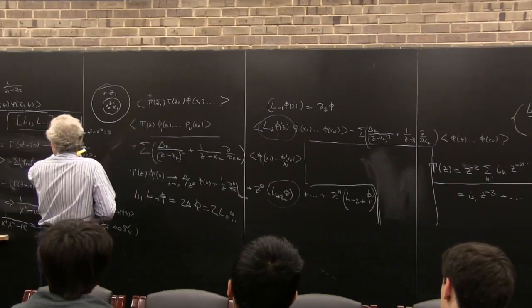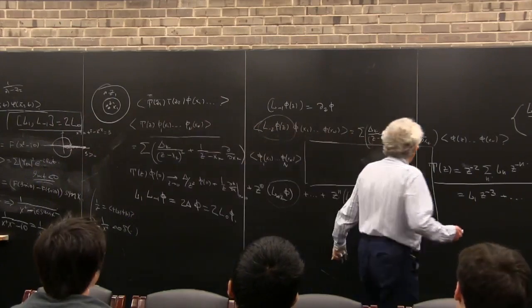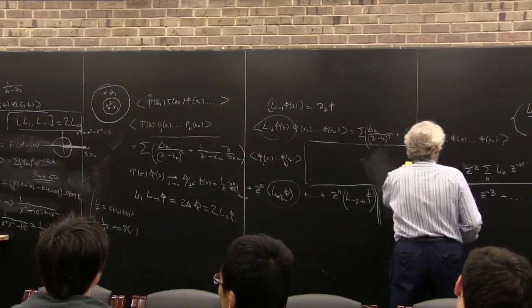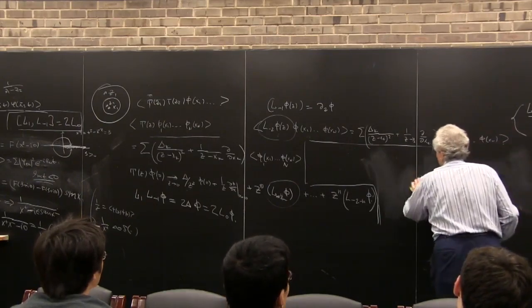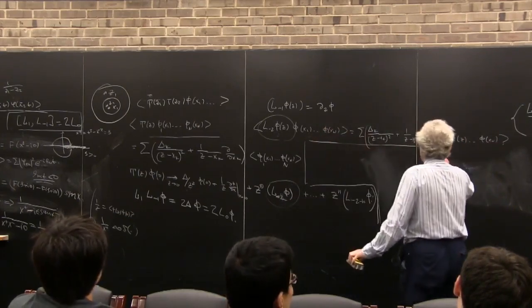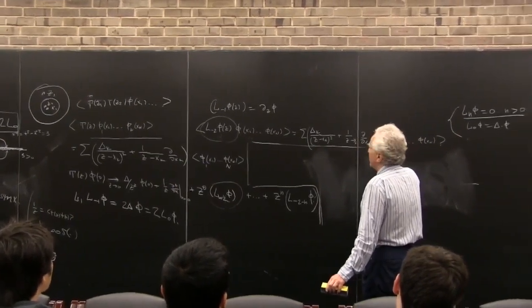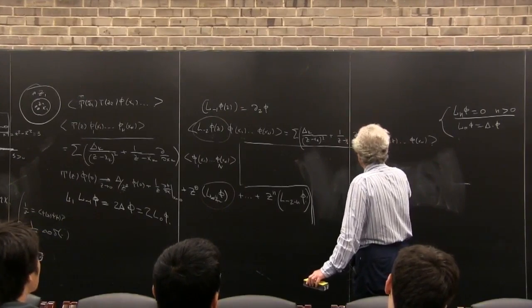Scaling is such that it has dimension 2. Now let's assume for one moment that it is a primary operator. If it is a primary operator, then we can actually write down the Ward identity.